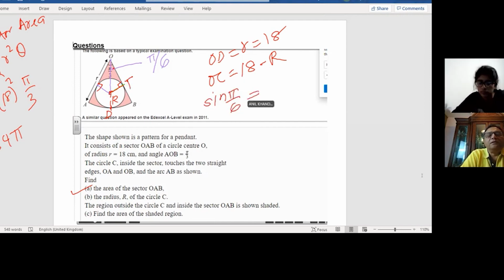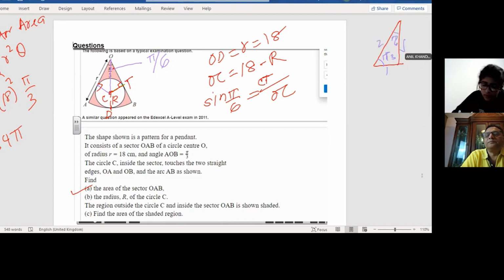It will be CT over the hypotenuse, and the hypotenuse will be OC. Sine of pi by 6 is in a special triangle: pi by 3, pi by 6, with sides 1, 2, root 3. So sine of pi by 6 is half.